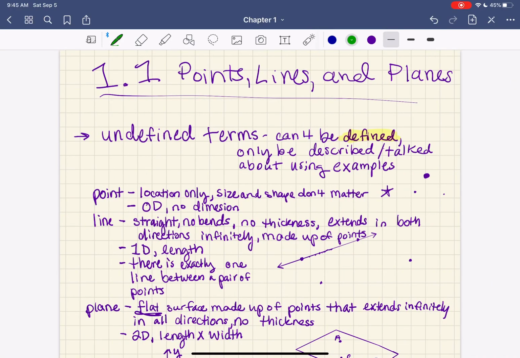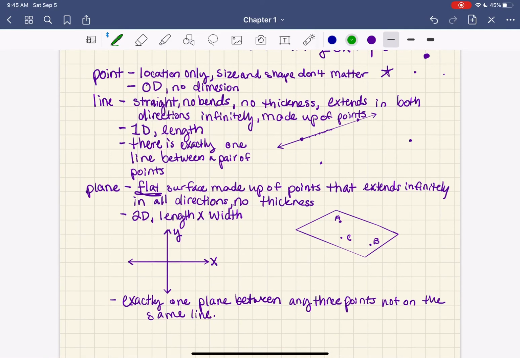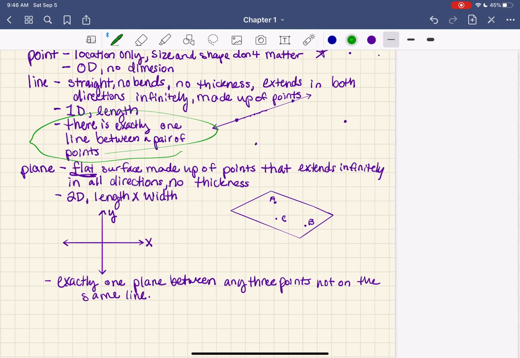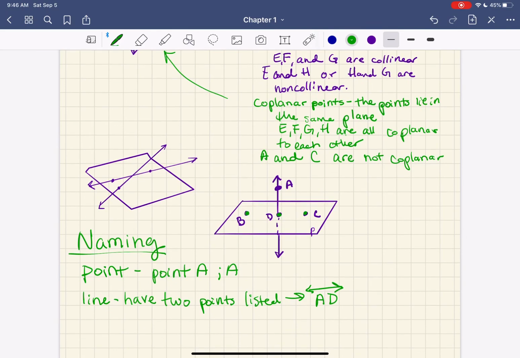Well, it's actually right here: exactly 1 line between a pair of points. So a line can be defined by the pair of points that it goes through. The arrows on the ends are for if you just have a regular line. Sometimes we'll deal with things that are line segments. We'll get into that, and you would not draw the arrows on the end.